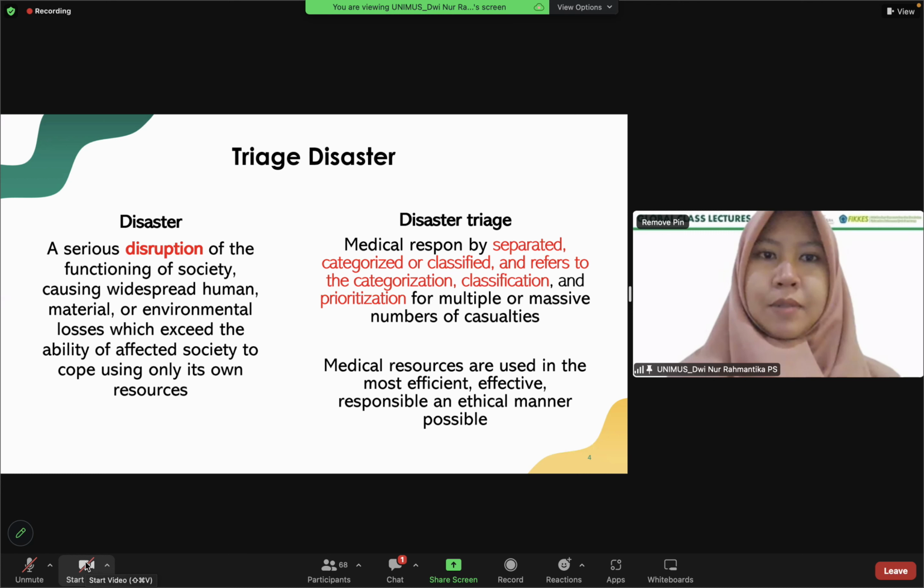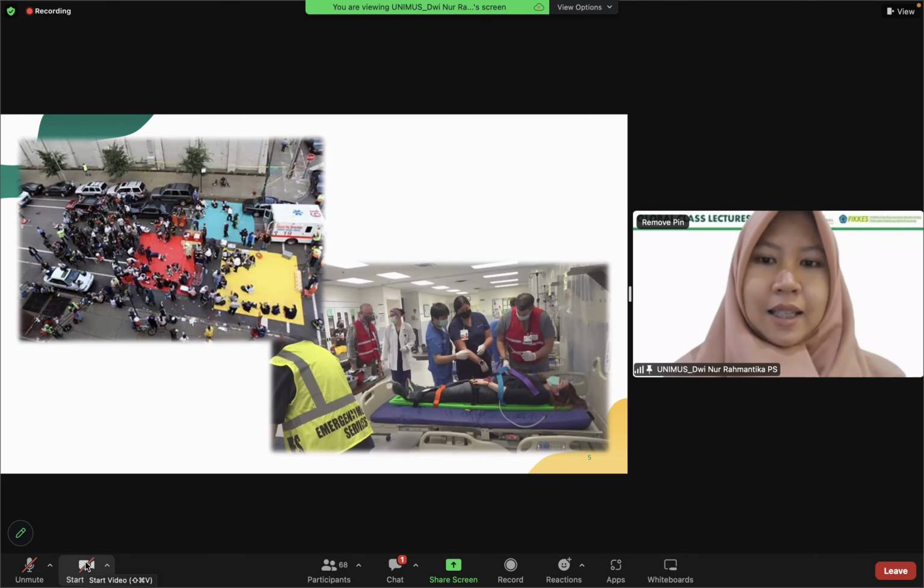So it's very important to select which people or victims need to be treated first with the resources that we have. Absolutely, we should do it in the most responsible and ethical manner possible.